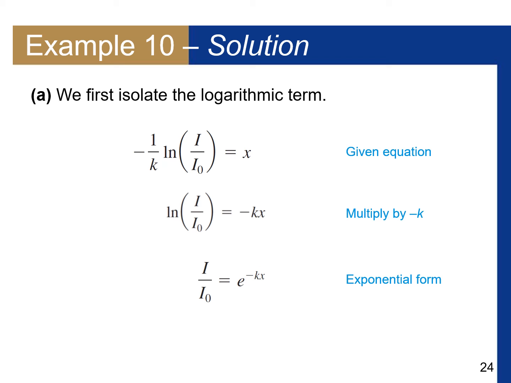We're going to write it in exponential form, so e to the negative kx would equal I over I sub 0, and multiply both sides by I sub 0, so we see we need the initial intensity times e to the negative kx.